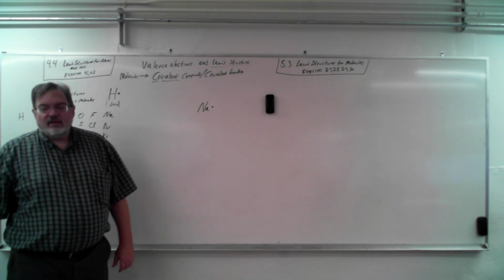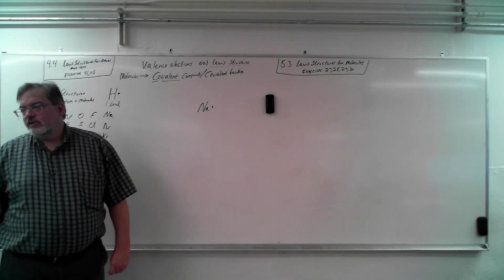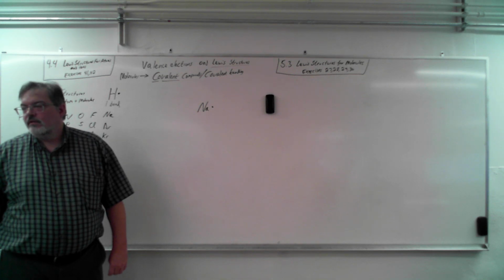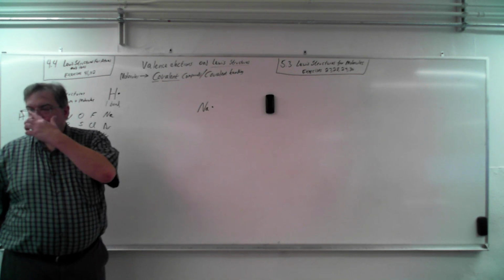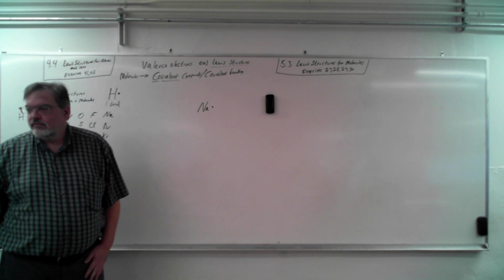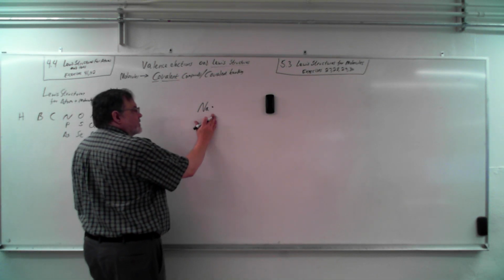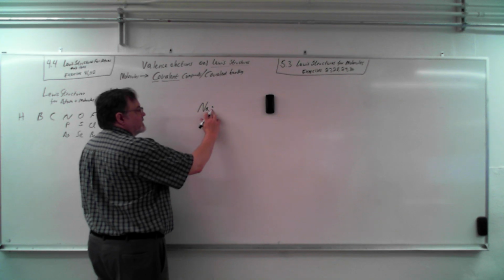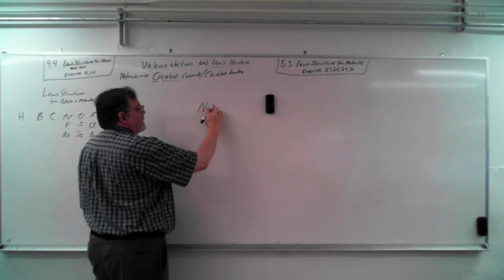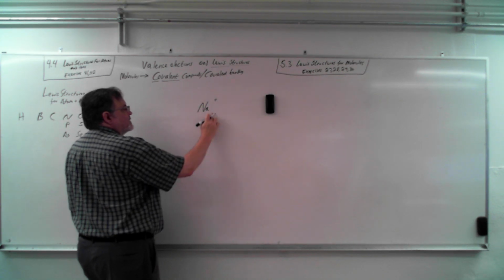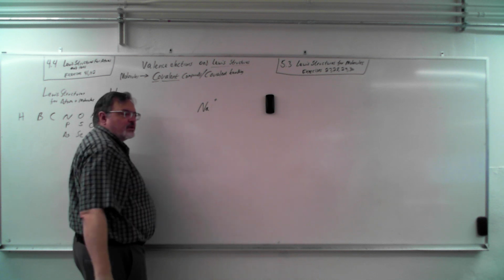Electrons are negative, and a week ago if I asked you what is the charge on a sodium ion, what would you say? +1. Metals tend to lose electrons, so it's going to lose this electron to become positive, so there's nothing around it, so that would be the Lewis structure for sodium.